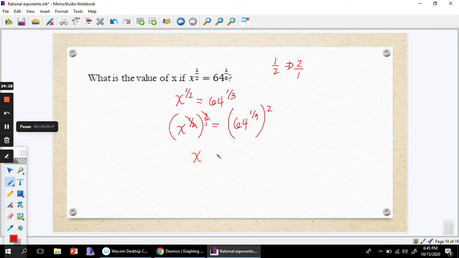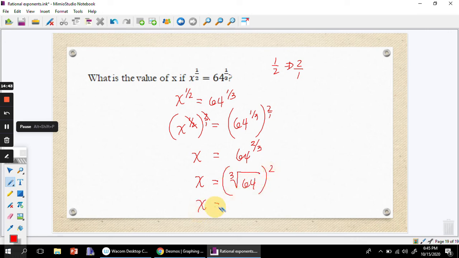So x raised to 1, or x, is equal to, you also multiply this, right? 64 raised to 1 times 2 is 2. 3 times 1 is 3. And then you can just simply get the calculator and solve this using the calculator. Now without calculator, x is equal to the cube root of 64 raised to 2.